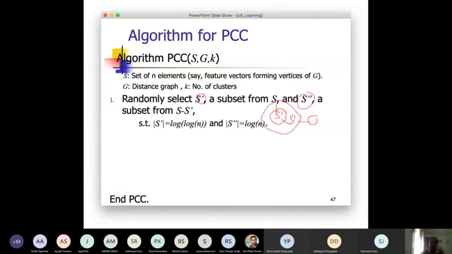If this number is manageable, that's why the size with respect to the input data set is log of n. It's a very small number with respect to n, exponentially decreasing this fraction. So you can consider all possible partitions. For each partition, you form a clustering with the two-stage extension. So that will give you a graph, right?